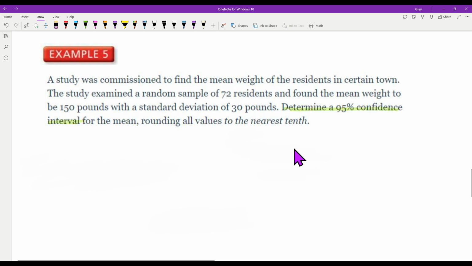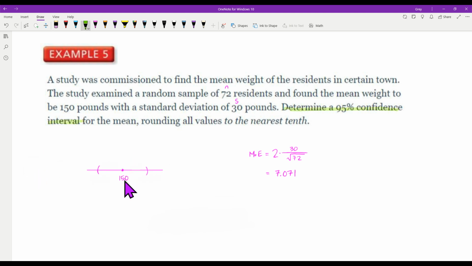So my margin of error is 2 times the standard deviation. Where's my standard deviation? That's right up here. So 2 times 30 over the square root of my sample size, which is 72. When we multiply that out, we get 7.071. And remember, this time they're asking us for the interval.